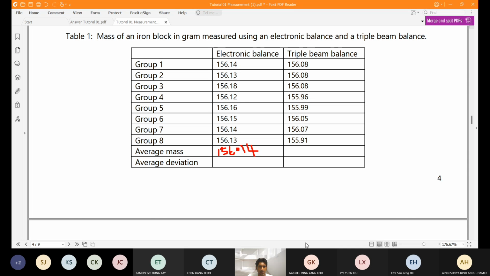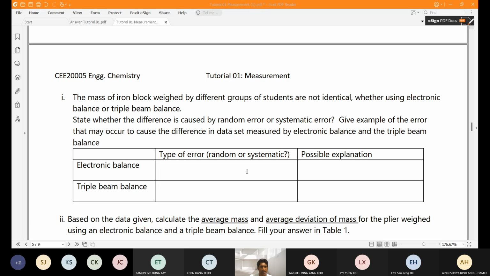So what type of error occurred for these two types of balances? For the electronic balance, what type of error could have happened that gave us this type of error in our experiment? Random or systematic? For the electronic balance, did we have systematic error?